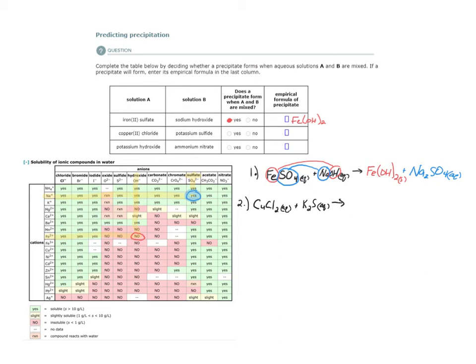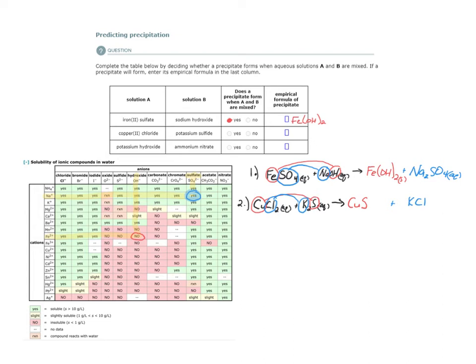Let's predict our products. Take this cation, combine it with that anion. That gives me copper 2 sulfide. And also take this cation, combine it with that anion. I get potassium chloride. Which one of these is insoluble?